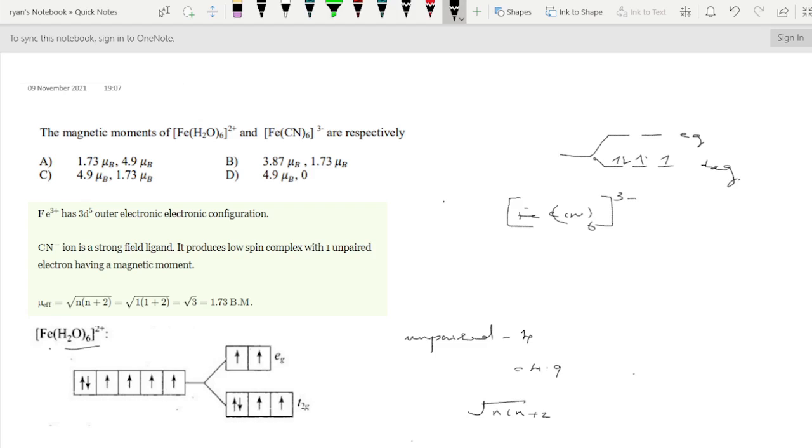This is the 5th electron. The number of unpaired electrons in the d5 configuration is 1. Therefore the magnetic moment will be 1.73. Therefore C is the answer.